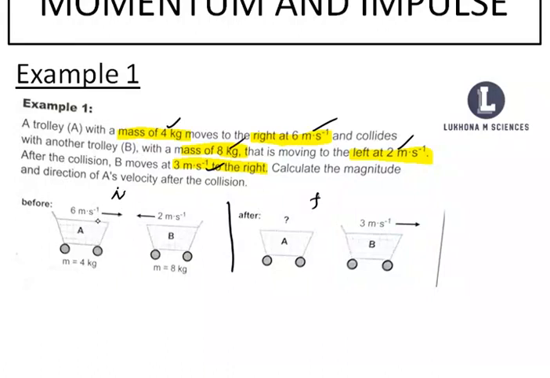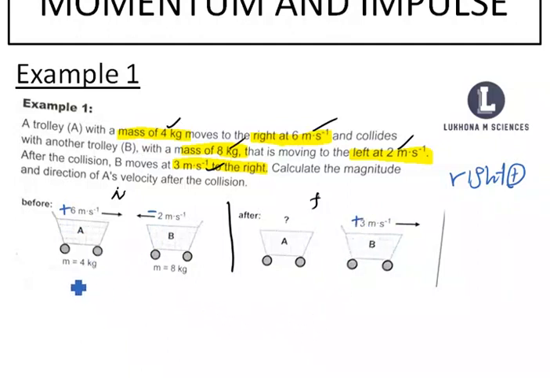So we need to choose. We used to say east must be positive. East or right must be positive. So this one is directed to the east, so this one is positive. Therefore this one is negative. This one is positive, right?